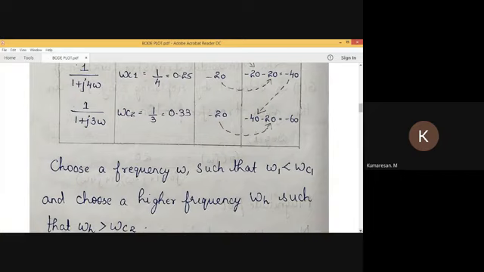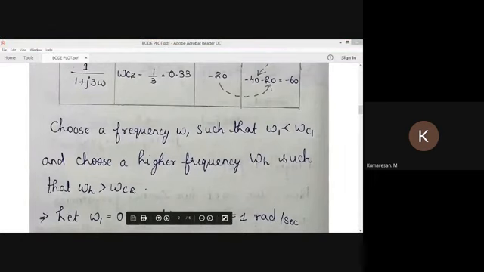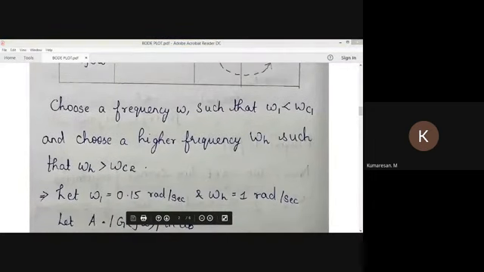These two corner frequencies were found from the given transfer function. Using these two corner frequencies, we have to choose the lowest and the highest frequency from the given corner frequencies.